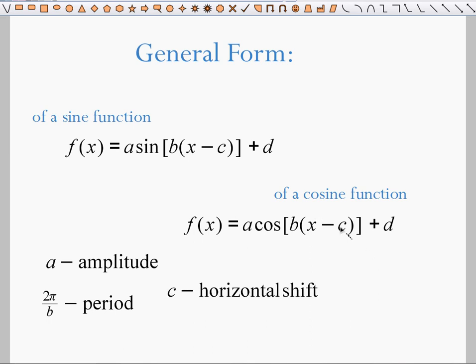C, the number that's being subtracted from x, is going to be the horizontal shift. Horizontal, remember, goes right or left, so C is how far I go to the right or left. And D is called a vertical shift, so this takes my original sine function and moves it up or down.